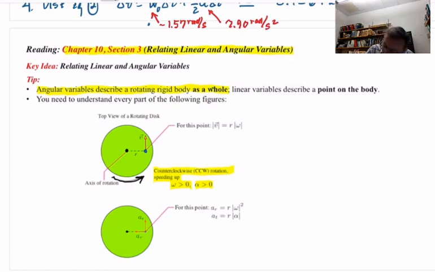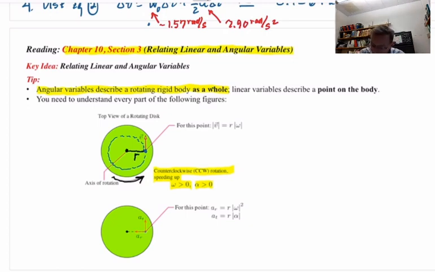Well, it will just move in a circle, won't it? And that circle will have some radius that we're going to denote by little r, which is just the distance that point is from the axis of rotation, right there. Okay? So that point just moves in a circle.